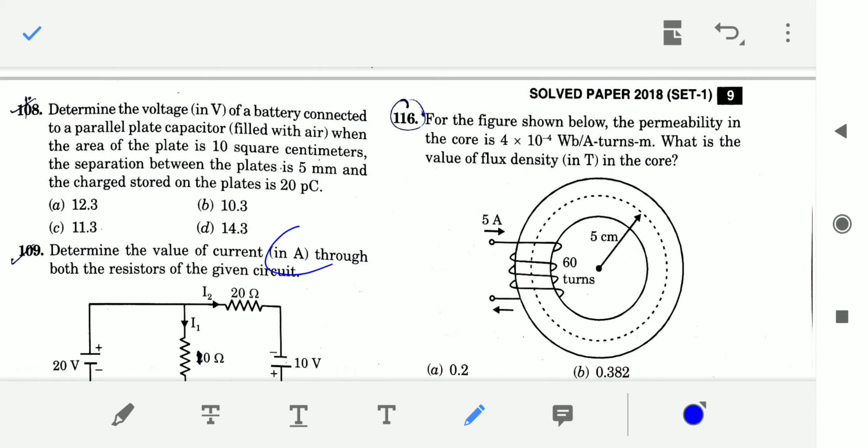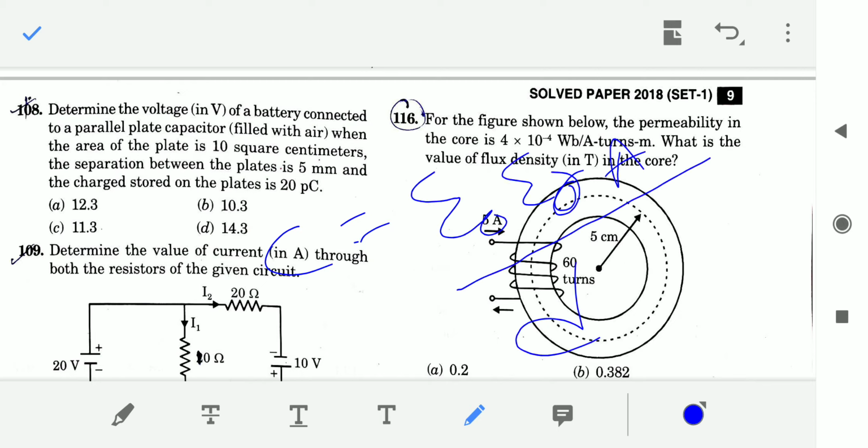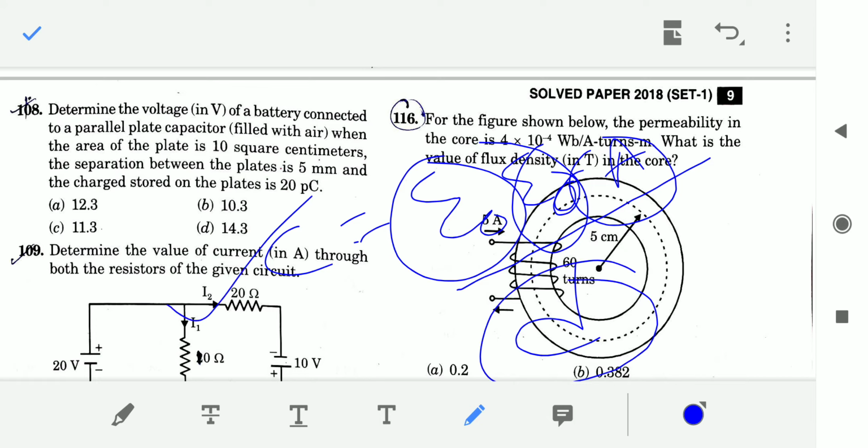So C equal to epsilon naught epsilon R A by D. Epsilon naught value is 8.854 into 10 power minus 12, epsilon R is 1, A equal to 10 into 10 power minus 4, and D is equal to 5 into 10 power minus 3. If you solve, you will get the C value here.